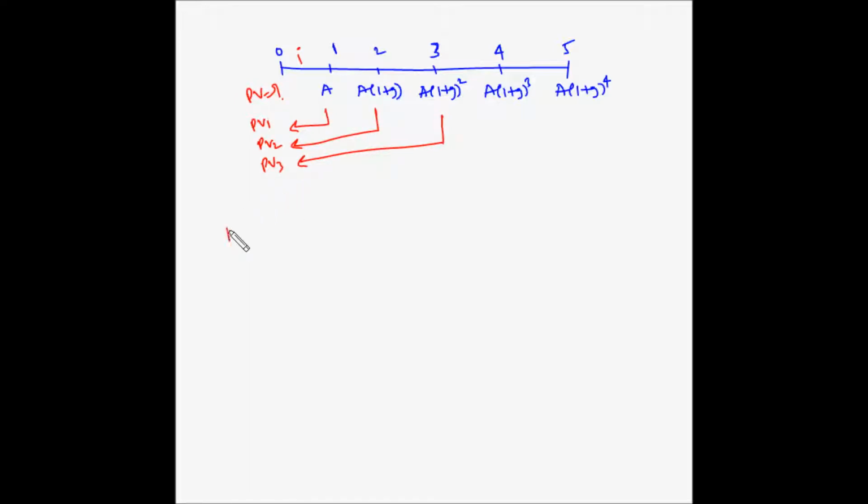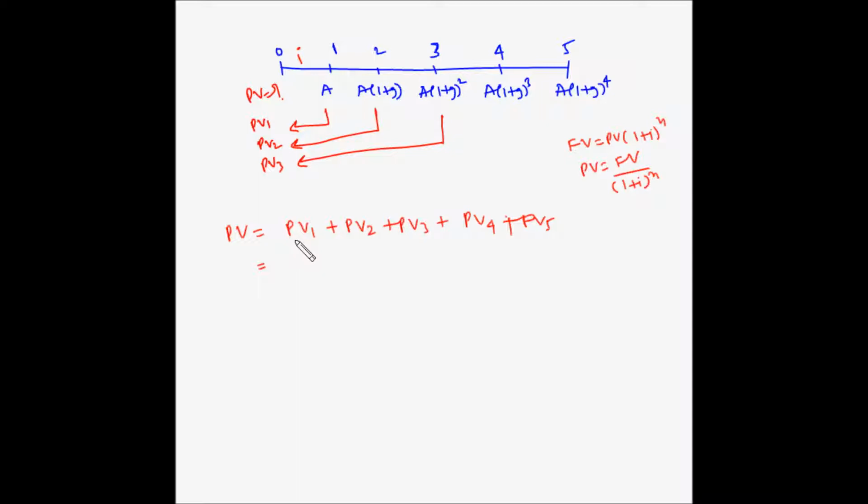So the total present value is equal to PV1 plus PV2 plus PV3 plus PV4 plus PV5. Now we know that future value is equal to present value into 1 plus I to the power n, or present value is equal to future value divided by 1 plus I to the power n.